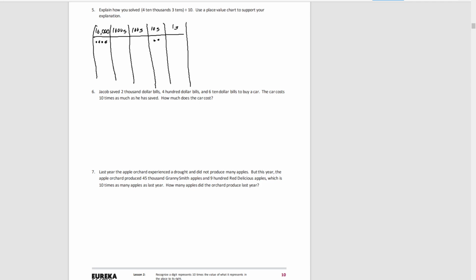And this time, instead of drawing all the dots, I'm going to use the shorthand way we talked about before. So I'm going to divide by 10. And so I know each of these 10,000s, when I divide by 10, is going to be 1,000.